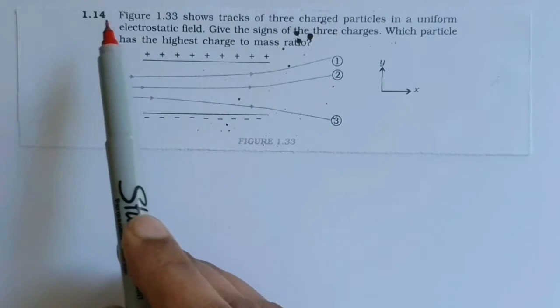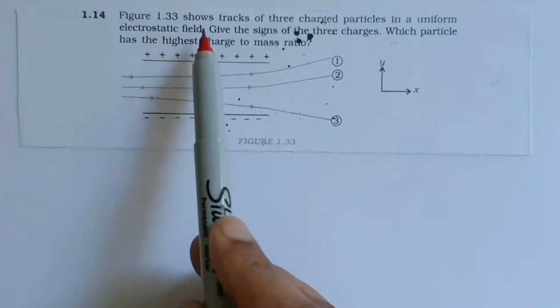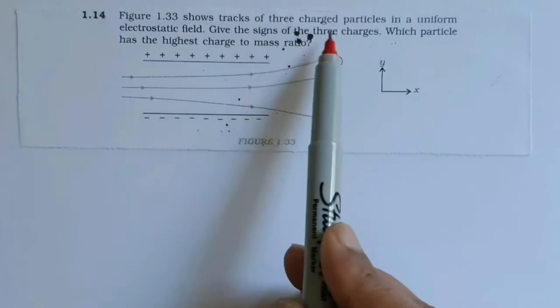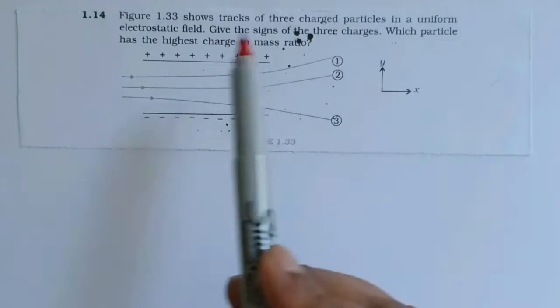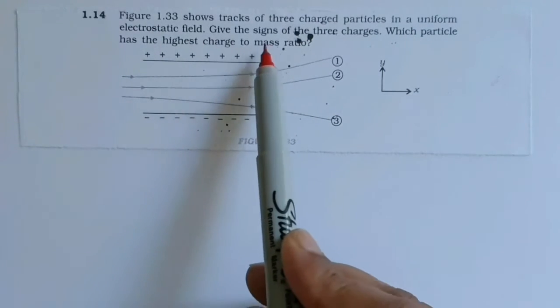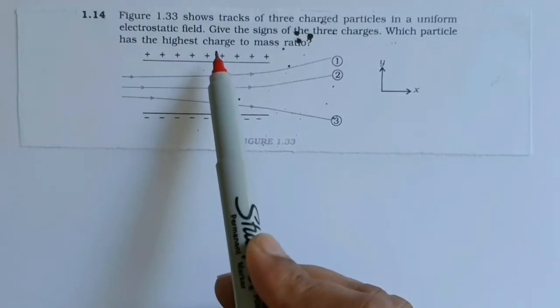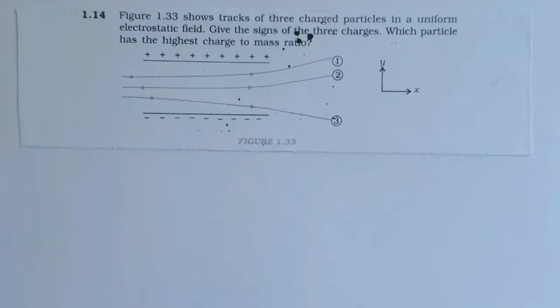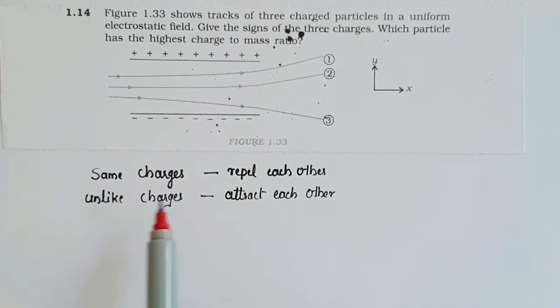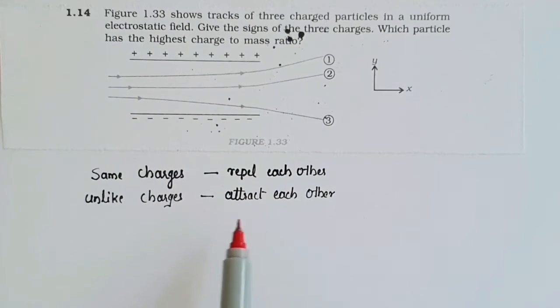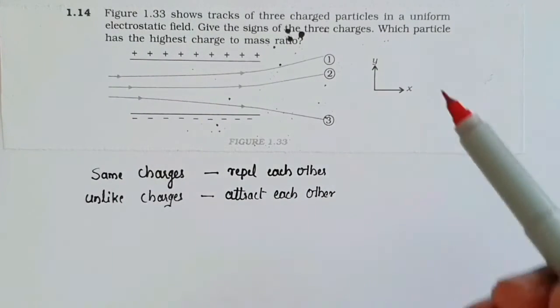Question number 14. Figure 1.33 shows tracks of 3 charged particles in a uniform electrostatic field. Give the signs of the 3 charges. Which particle has the highest charge to mass ratio? We know that same charges repel each other and unlike charges attract each other.